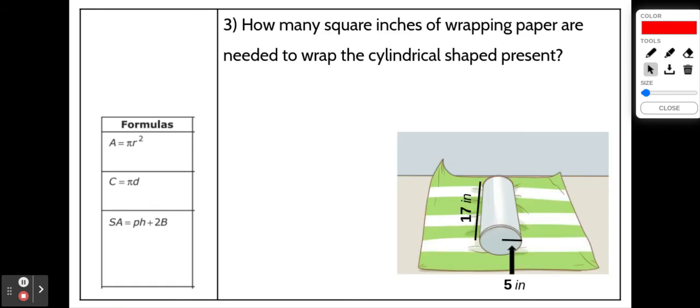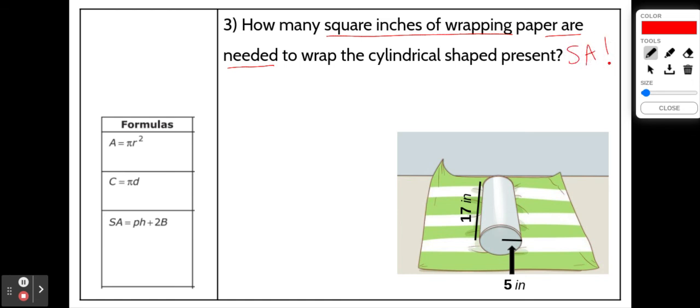On number 3, we have a cylindrical shaped present, and we're going to wrap it with paper. So we're asked how many square inches of wrapping paper are needed. So if I'm looking at how many square inches cover the cylindrical shaped present, I'm talking about surface area.